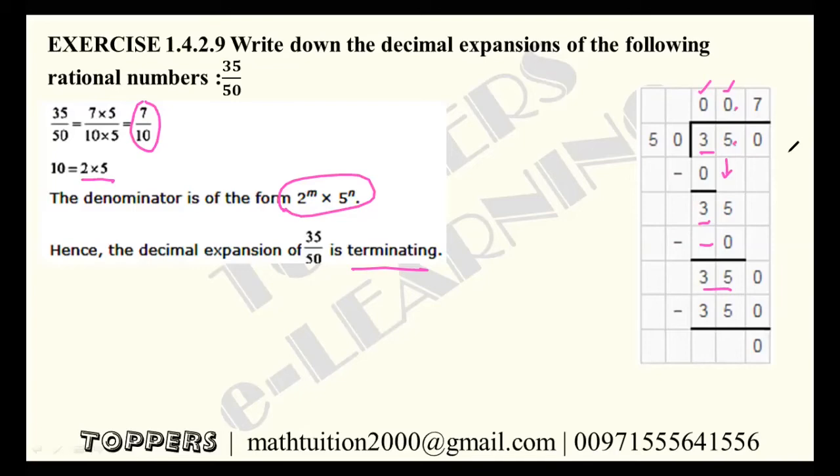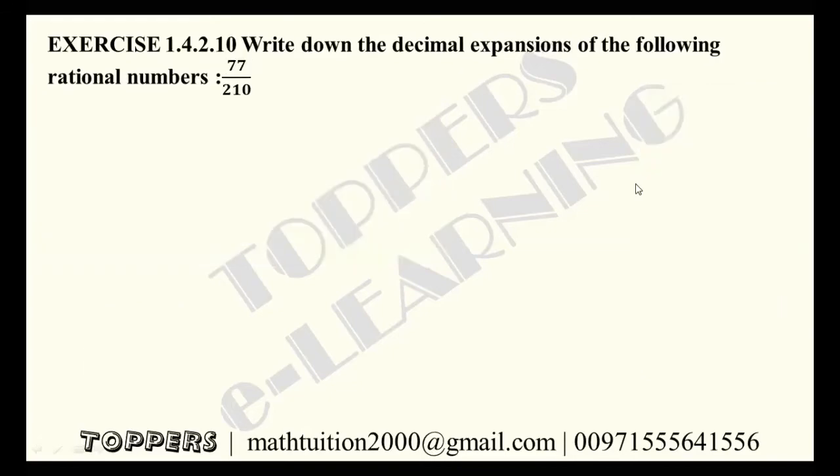Add zeros. That 0 you can bring down. So you got 350. In 350, how many times does 50 go? 7 times. 7 times 50 is 350. 350 minus 350, you got 0 as the remainder. So finished. We got a terminating decimal expansion, that is 0.7. Now, 10th one in this section, the last one.